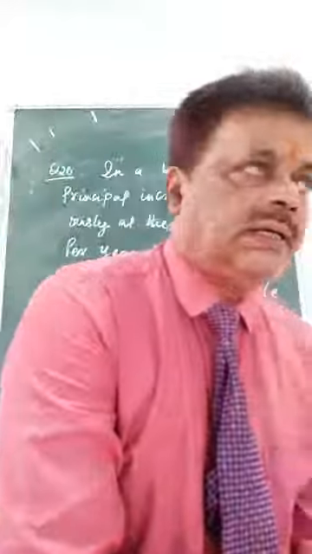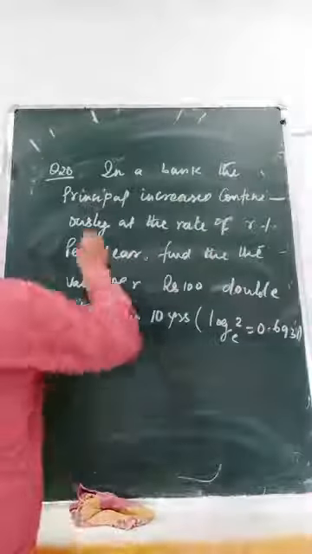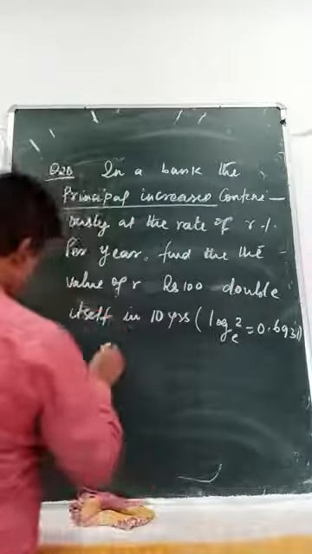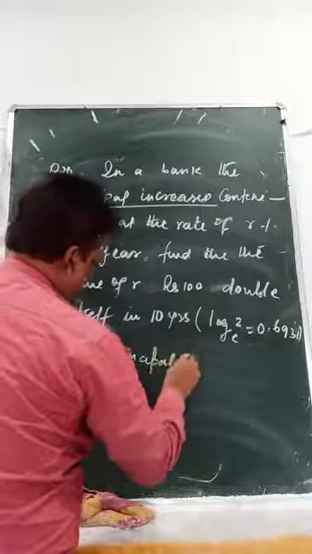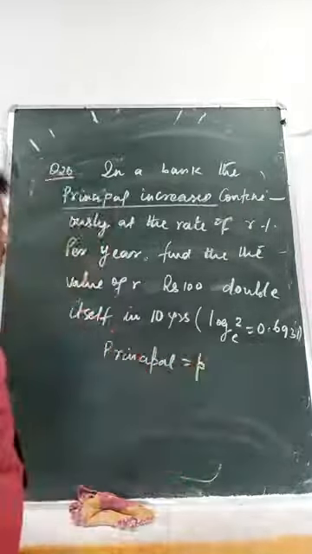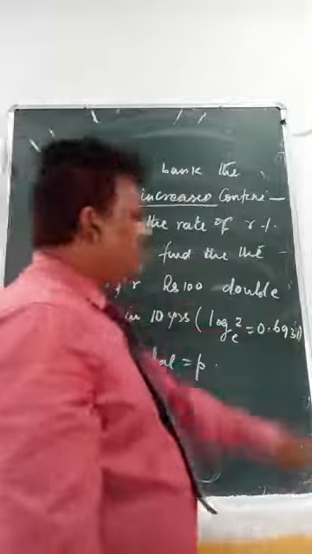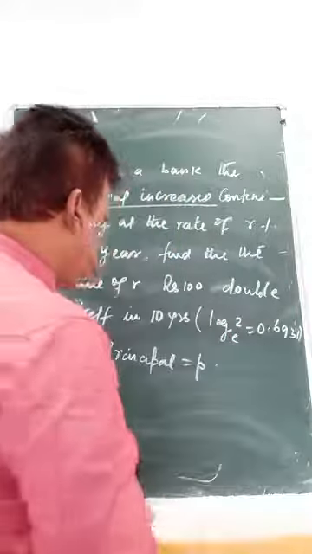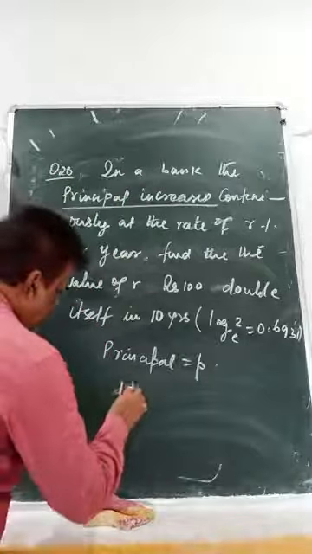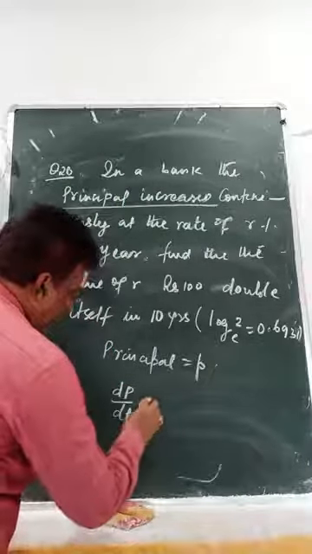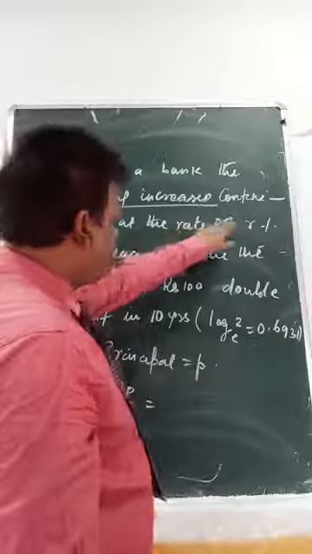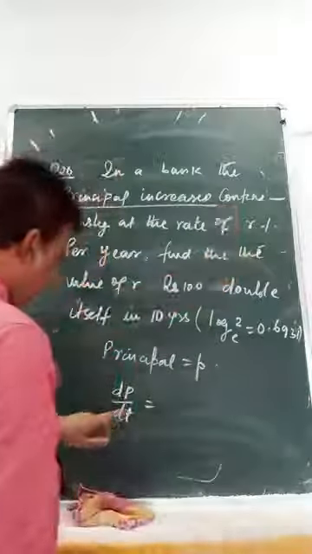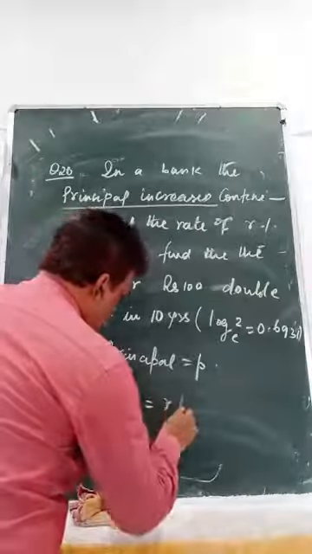Okay, let's see here. Principal is suppose P. Increases means changes. How does it change? The dp by dt, continuously at the rate of R%. dp by dt is R%.